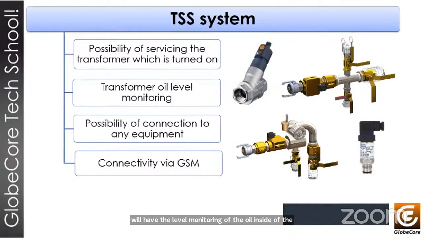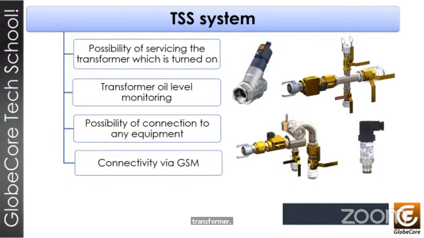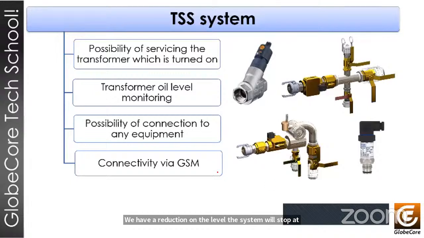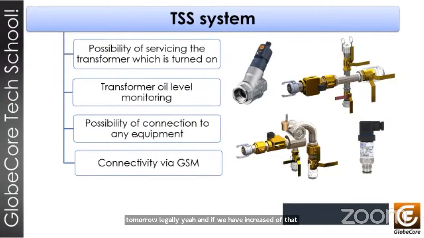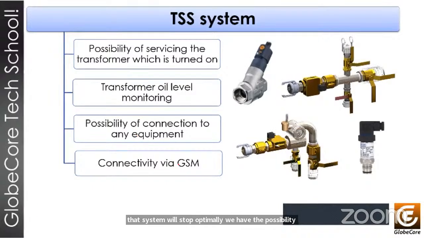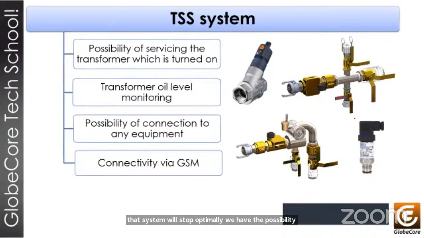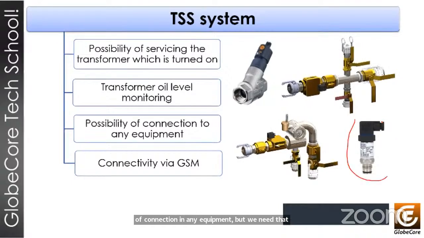If we have a reduction of the level, the system will stop automatically, and if we have an increase of the level, the system will stop automatically. We have the possibility of connection to any equipment, but we need the possibility of connecting the pressure level.